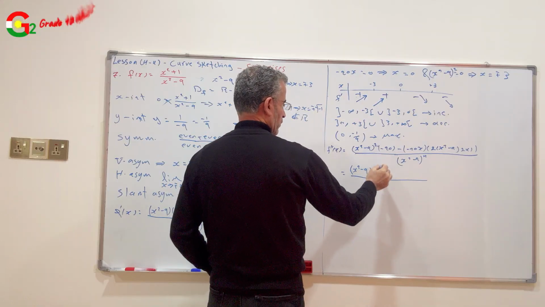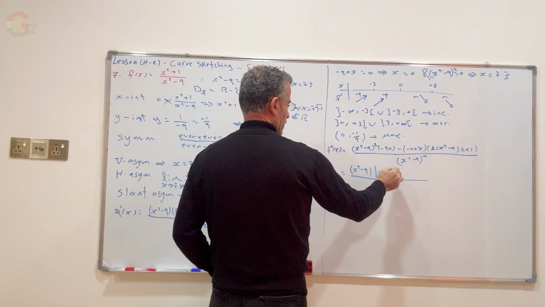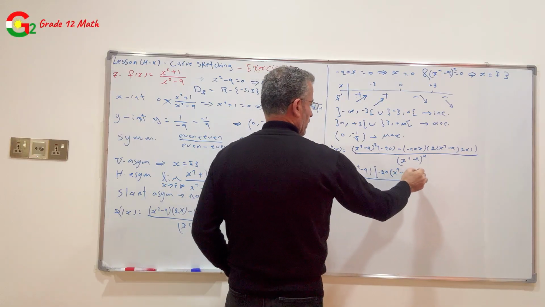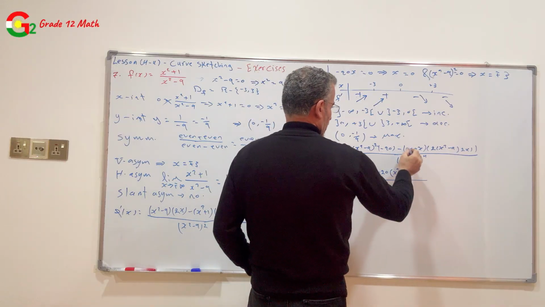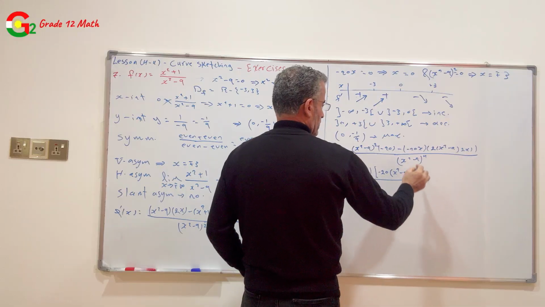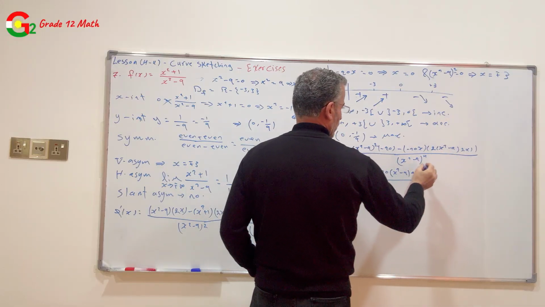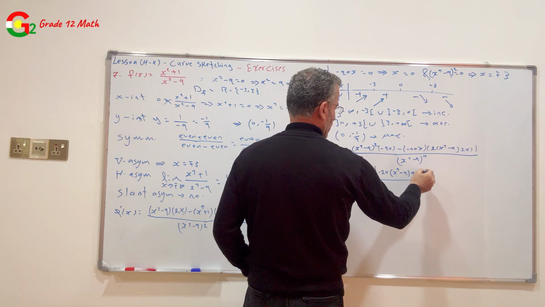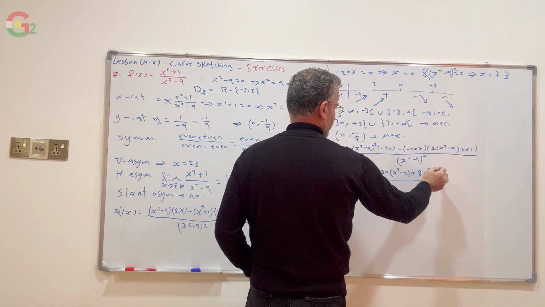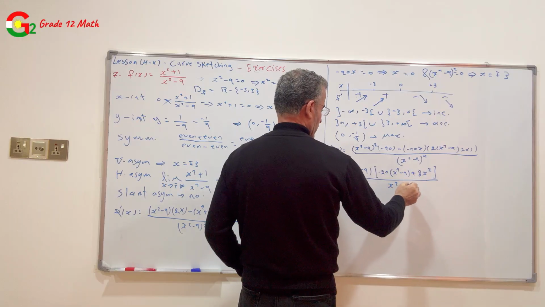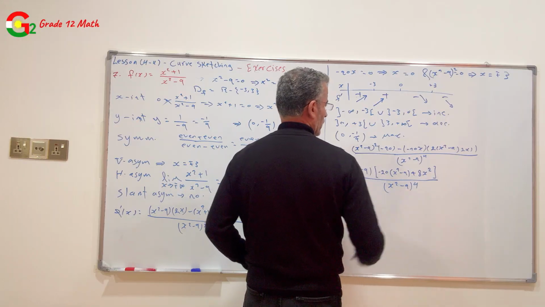From the first term, we have negative 20 times (x² − 9), minus times minus is plus, 20x times 4, 80x², over (x² − 9) to the power 4.